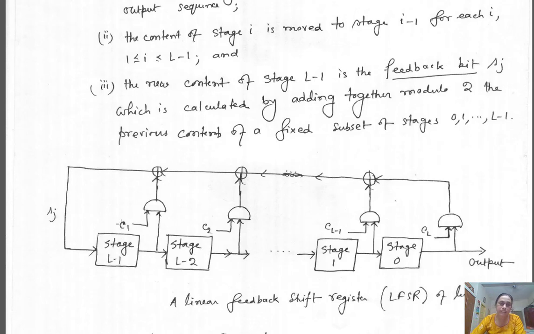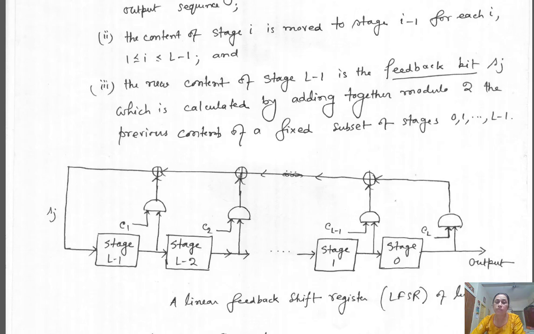So this C1, C2, C L minus 1, C L, together with the stage output, passes through an AND gate, and every output of this AND gate is XORed.